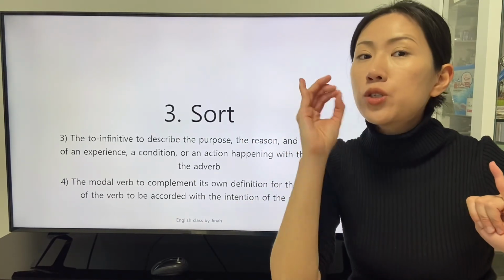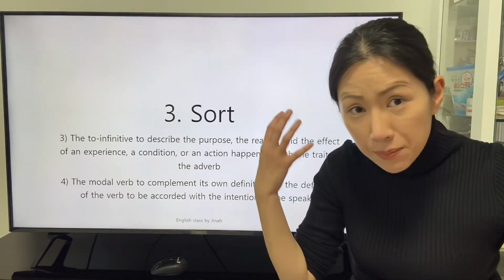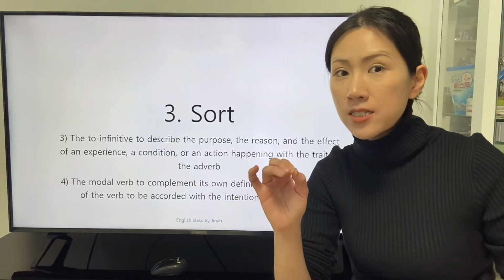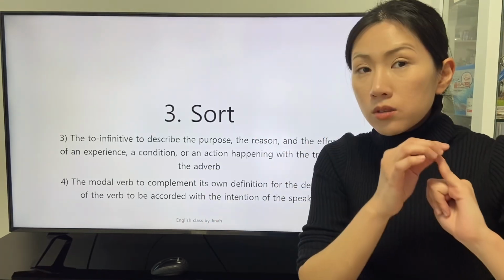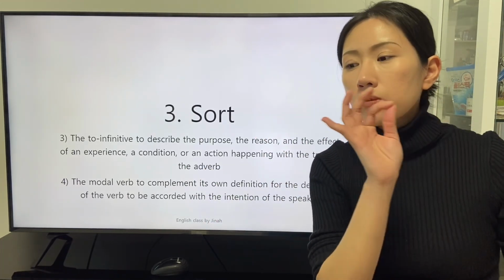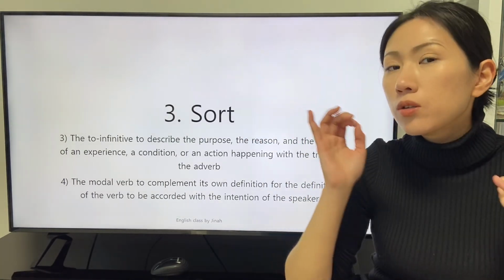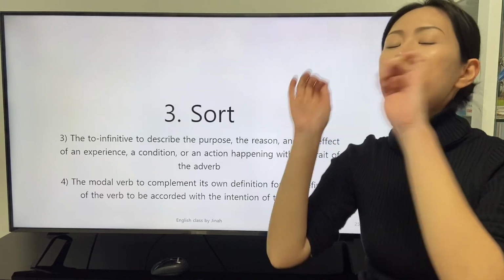The preposition to has the same trait with the verb, that is, the transitivity. The preposition to conveys the definition of the preposition from the subject to the object.